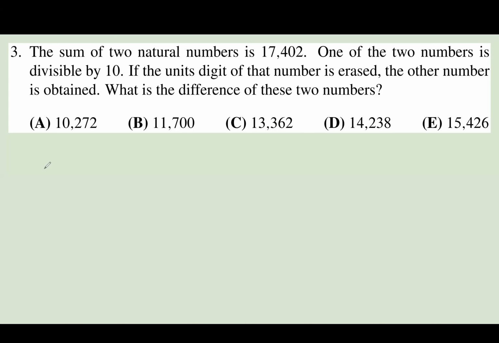Okay. So we have two numbers that when we add them, we get 17,402. One of them has to end in a 0, and the other one is basically that number take away the 0. So we have some number A and some number B, such that A is essentially B with a 0 at the end of it, right?